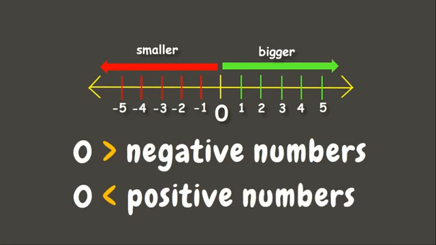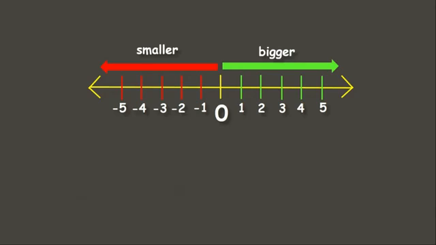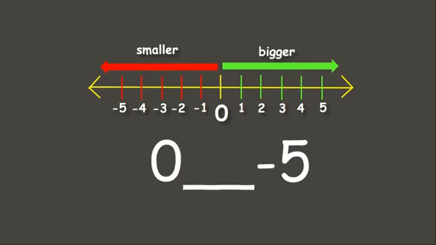Let's try an example. Let's compare 0 and negative 5. Since negative 5 is a negative integer and it can be found to the left of number 0, this means that 0 is greater than negative 5.